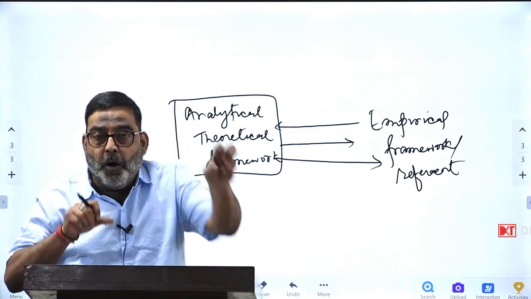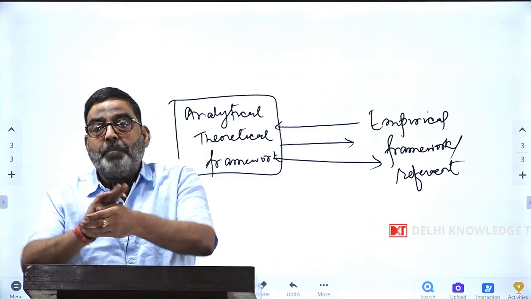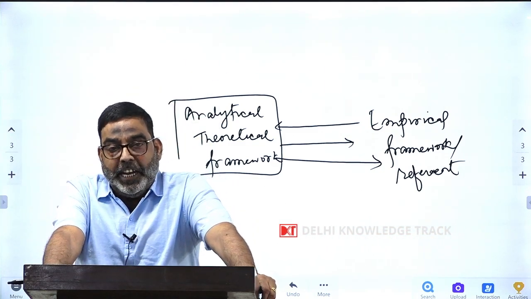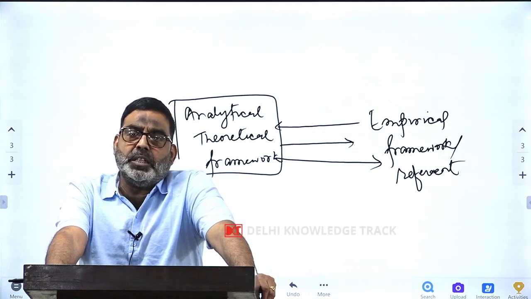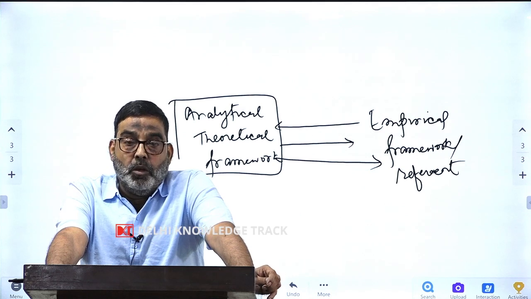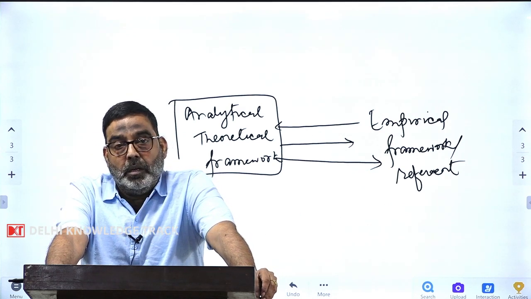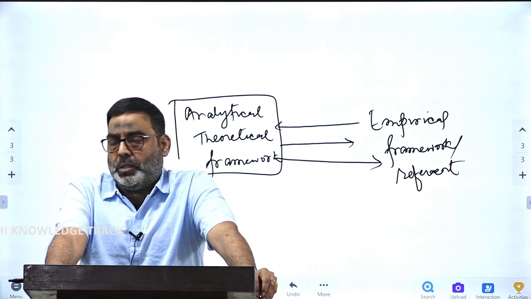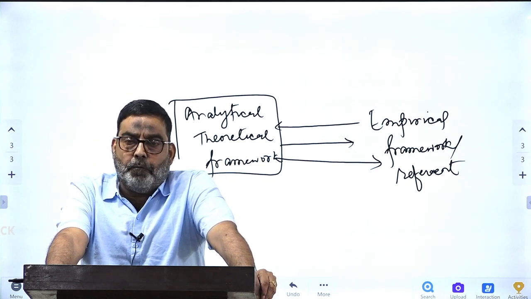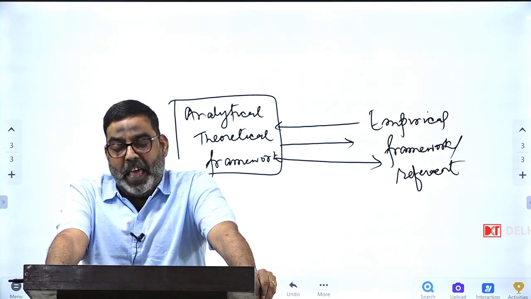He picks up something from them, adds something to them, and proposes the mega theory of social action, in which four scholars and their impact is more important: Alfred Marshall, Vilfredo Pareto, Emile Durkheim, and Max Weber. And with the synthesis of these influences, Parsons develops a voluntaristic theory of social action.